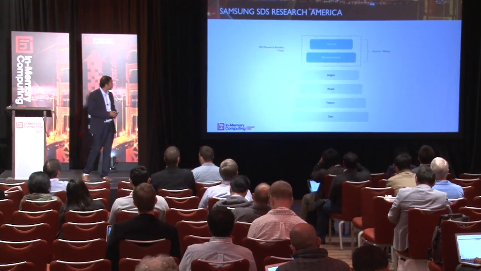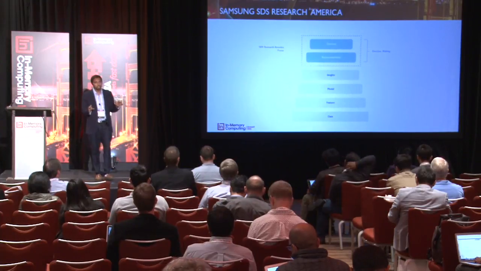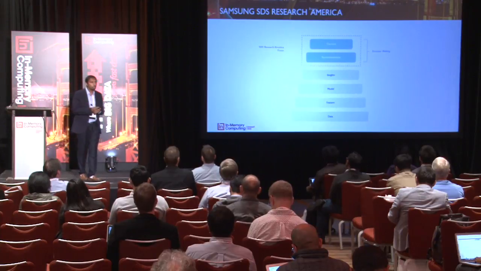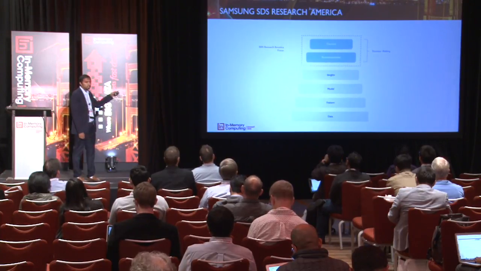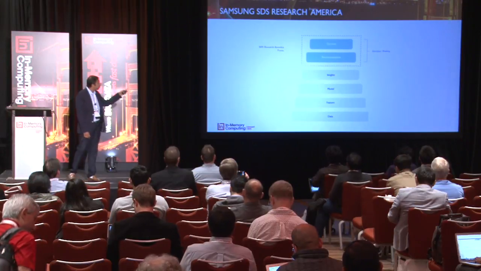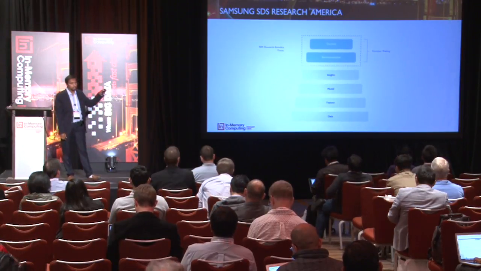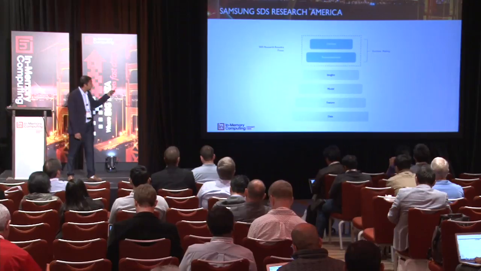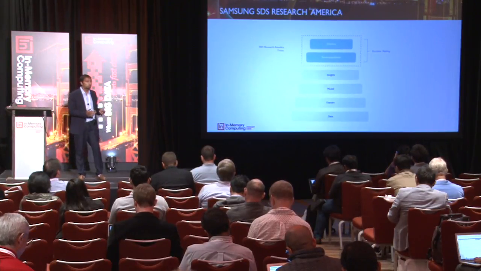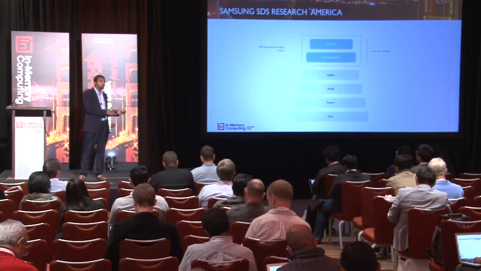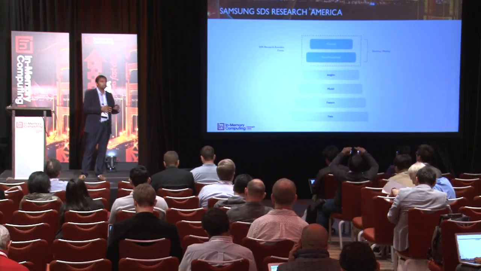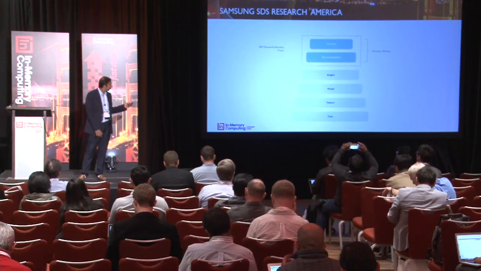But we, Samsung SDS Research America, are a small group focusing on a part of analytics that we call advanced analytics, which deals mostly with decision making and recommendation. So we will be looking at some of the algorithms that we use, and also how these algorithms enable us to do distributed computing and also stream computing.